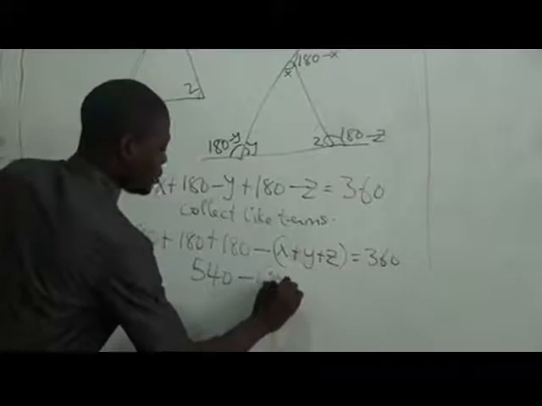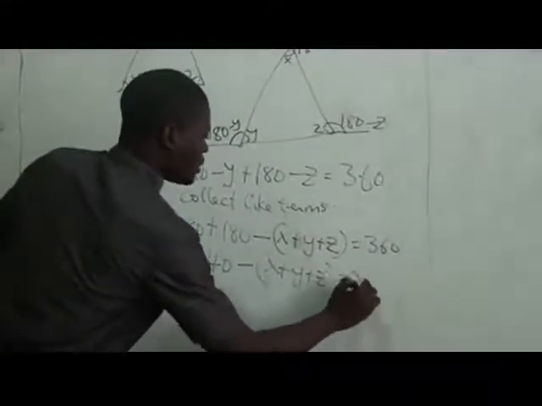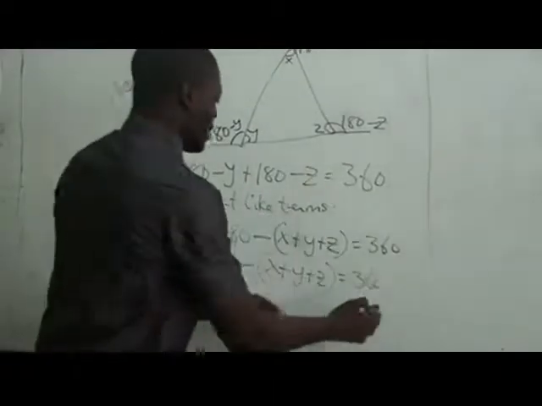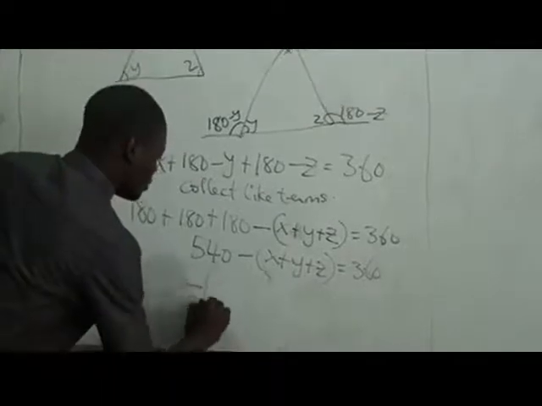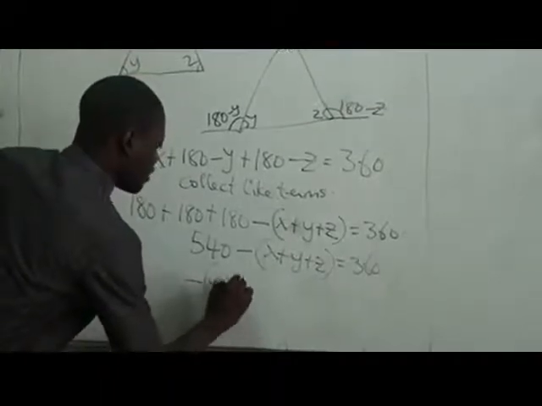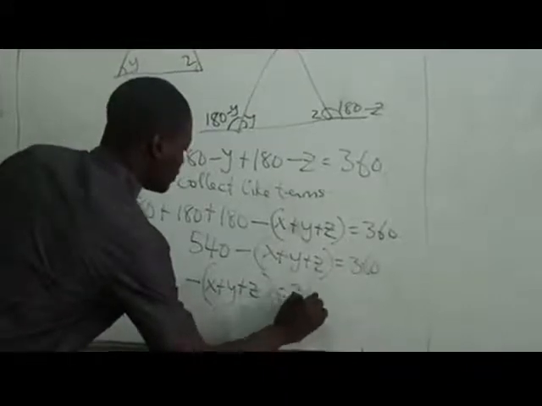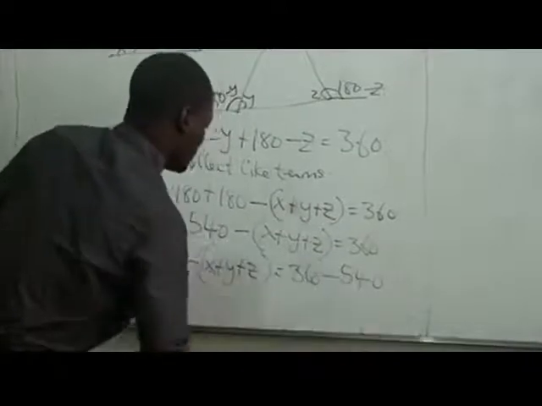540 minus x plus y plus z equals 360. Now this 540 is going to cross this side, making us to have minus bracket x plus y plus z equal to 360 minus 540.